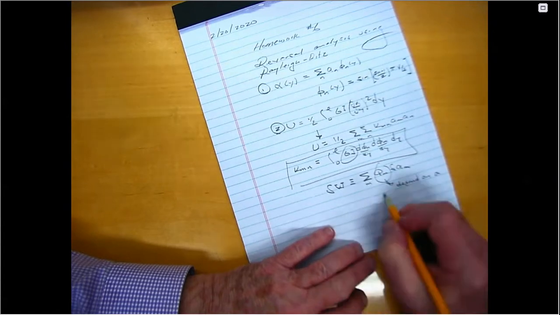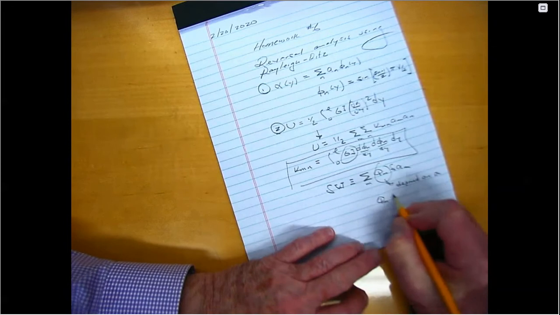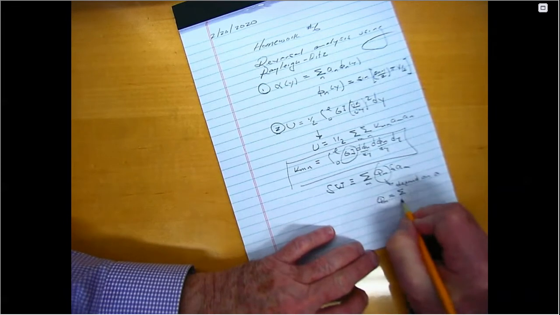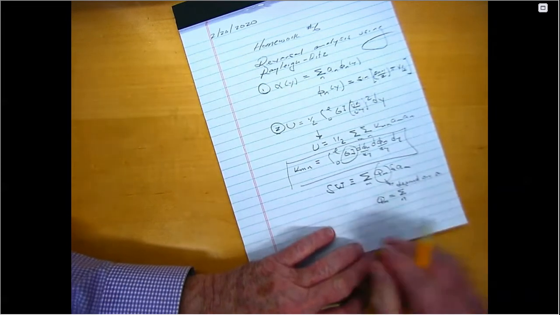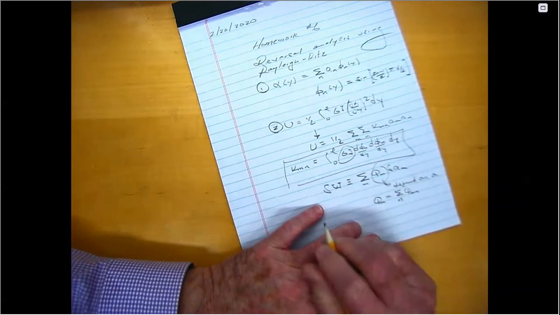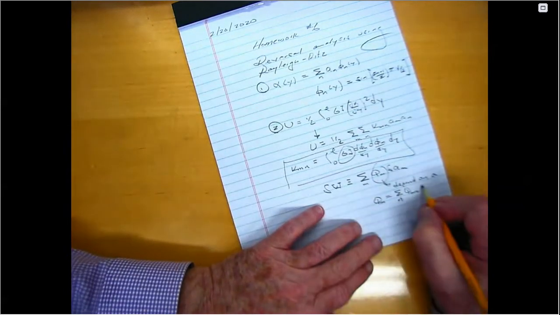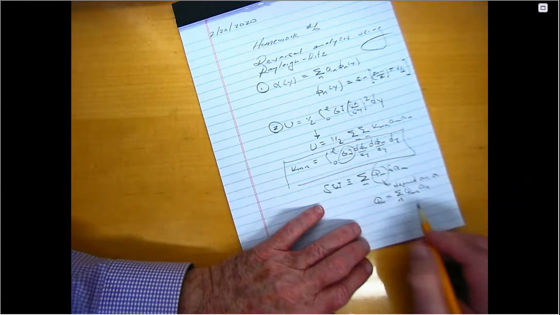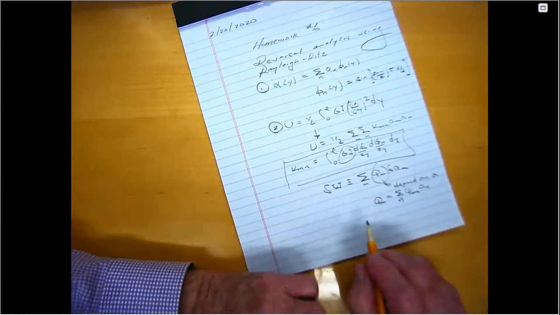In fact, you'll be able to show that Q sub M is equal to the summation over N of some coefficients, I'll call it Q sub MN, times A sub N. So it sort of has a quadratic form too.